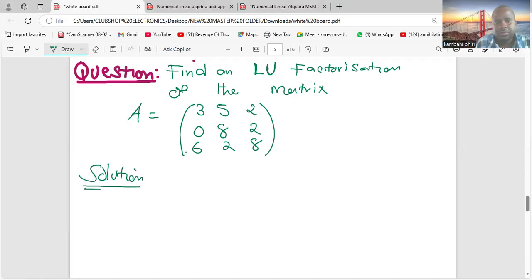Now, LU factorization is the same as LU decomposition. Okay.